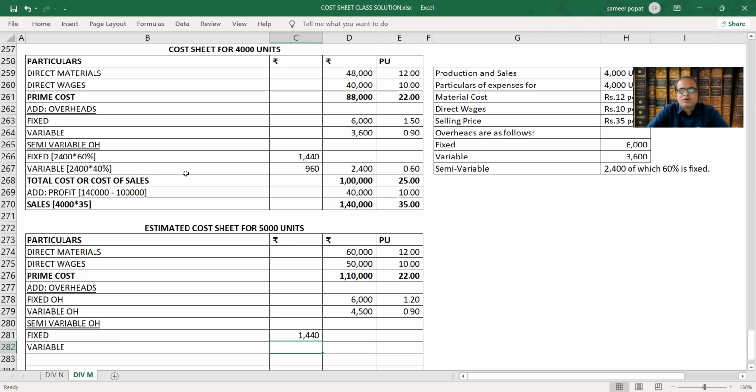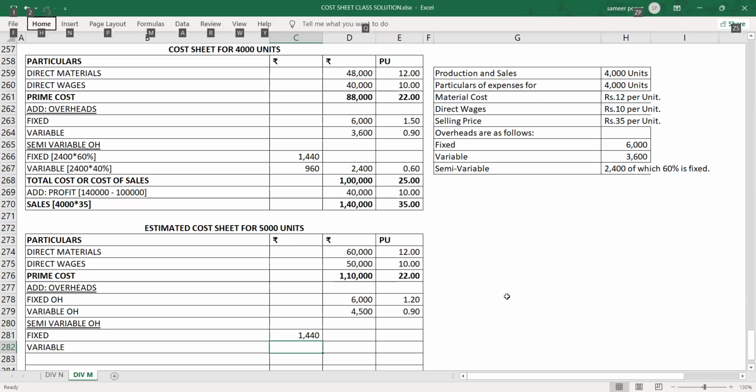Okay. Now, regarding this variable part, 960 is your variable overhead. Just think and tell me how much should be the variable cost for these 5,000 units. 1560.